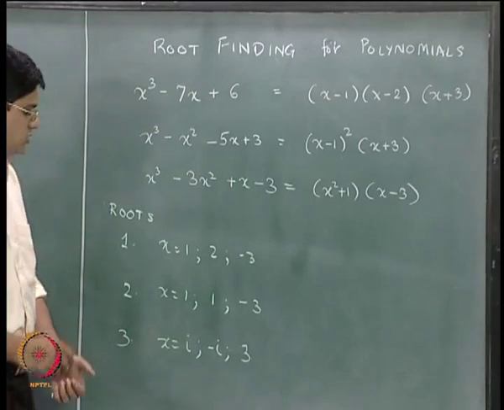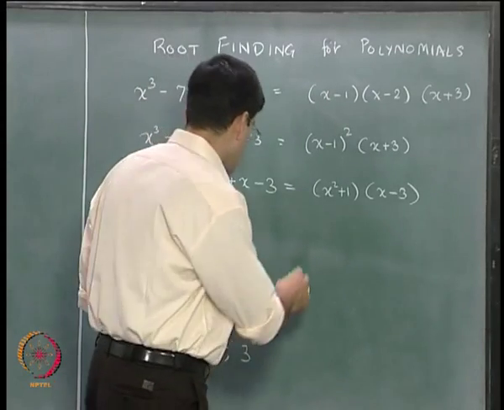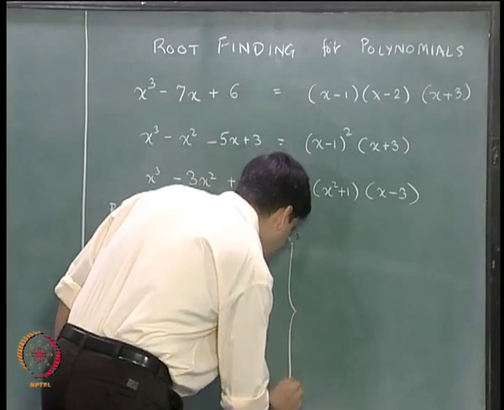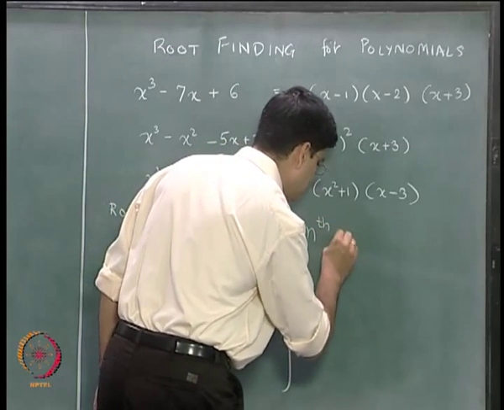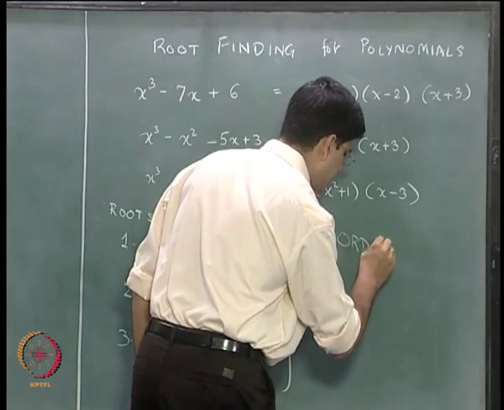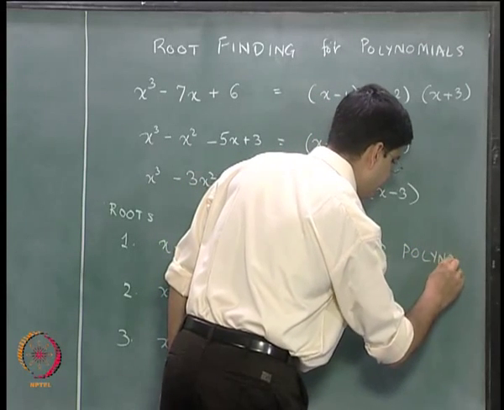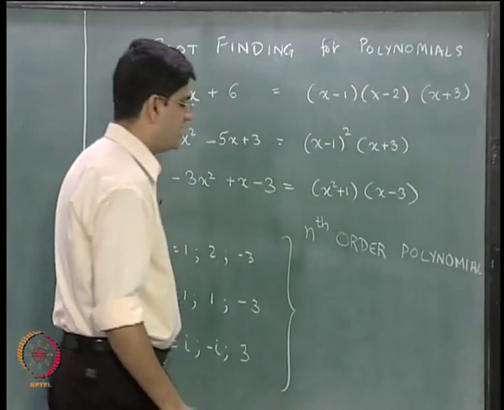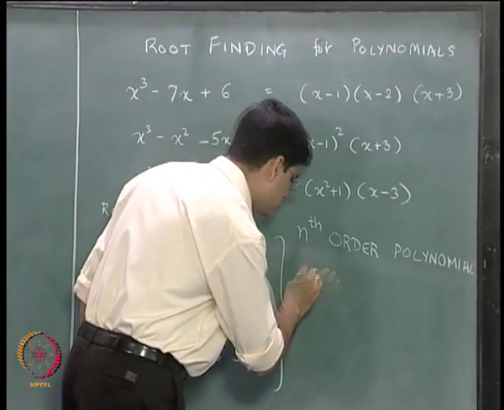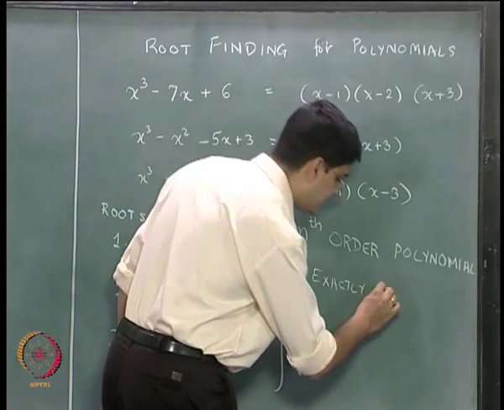The point of listing these 3 polynomials was this: any nth order polynomial will have exactly n roots.